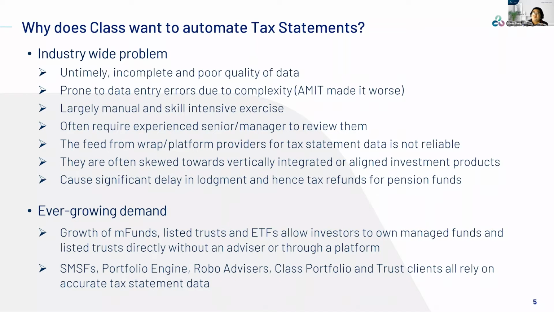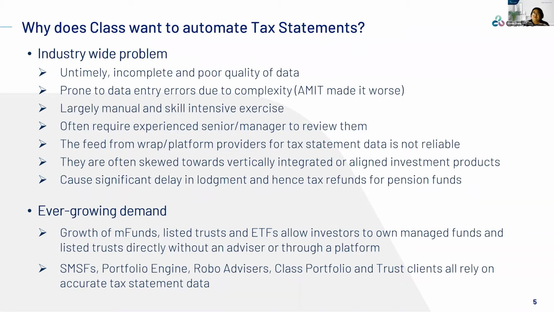Now, what are the consequences as a result of this? It can cause significant delay in lodgement, and particularly tax refunds for pension funds. The other driver to have good tax statement data is coming from the industry. We see the growth of managed funds and particularly exchange traded funds that effectively allow investors to own almost like a managed fund and listed trust directly without using an advisor or going through a platform.